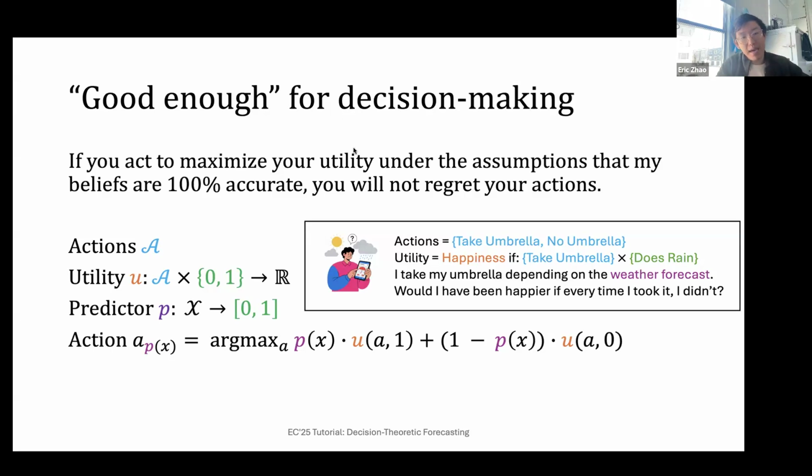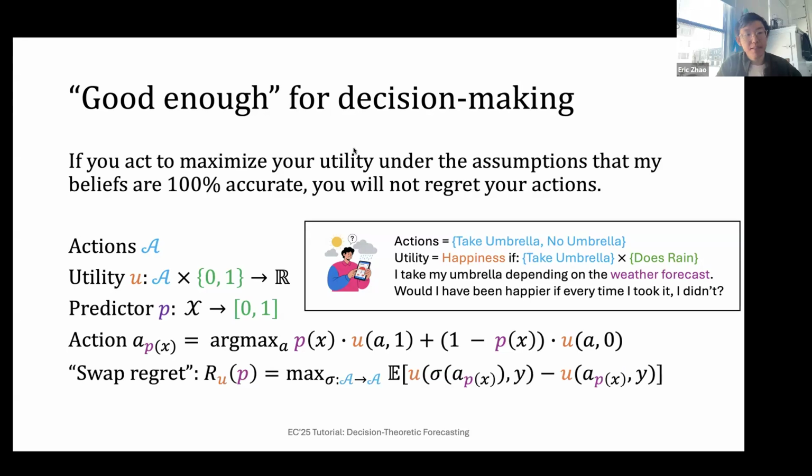So this is just a surrogate for my expected utility. And if I act to maximize my surrogate expected utility, then I can ask, would I have been happier if, in hindsight, I had completely changed what I did? So maybe whenever I chose to bring an umbrella, I would actually have left it at home, or vice versa. The natural way to formalize this is the notion of swap regret, which says that I try to map actions that I took to different actions.